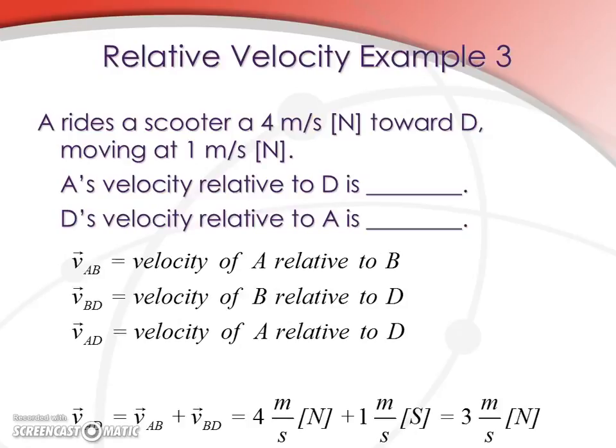But we can make it explicit again. We introduce again Brian, or the ground. We can take our pick on that. And get the velocity of Anita with respect to Brian, the velocity of Brian with respect to Daryl, and then we can get the velocity of Anita with respect to Daryl.